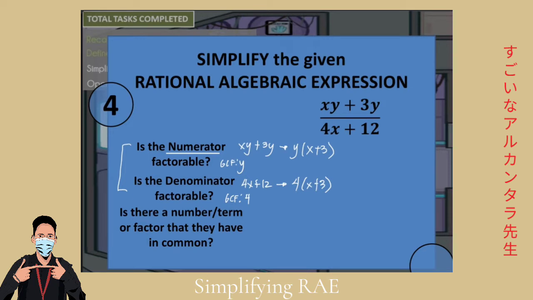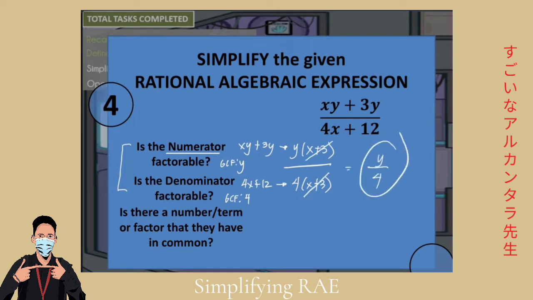And always remember, class, so earlier we were getting the GCF, the numerator, and the denominator. Now we try to factor the numerator first, and then we factor also the denominator. And with that, we can now rewrite our given RAE as this one right here. And as you can notice, they both have x plus 3's, so we can simplify that, and the answer here is none other than y over 4.